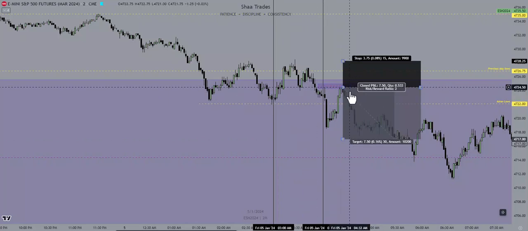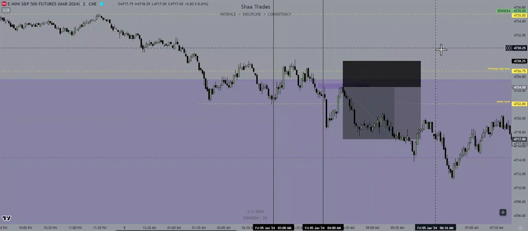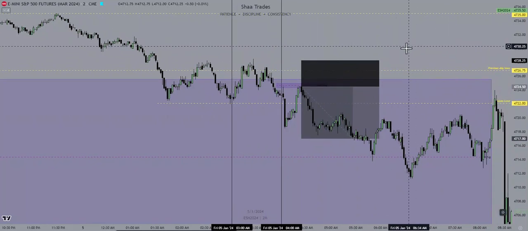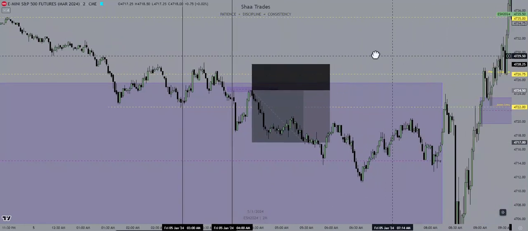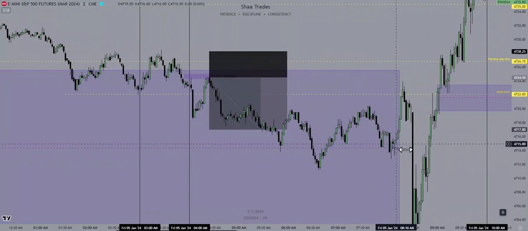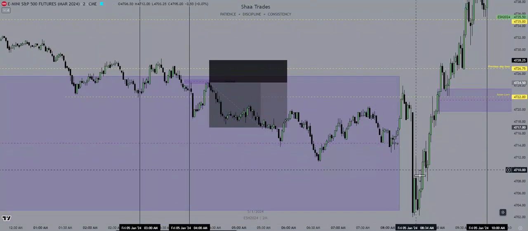So if I miss that setup, that's fine. I know I could look into the New York 10 to 11 silver bullet, or the afternoon 2 to 3 p.m. silver bullet, right? All right, so what happens there is that price broke down this 4-hour fair value gap.